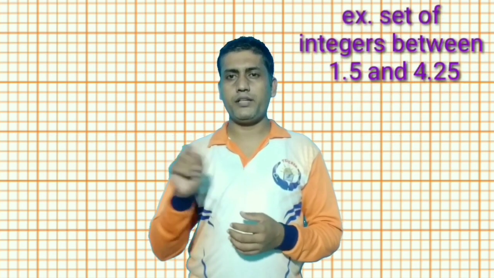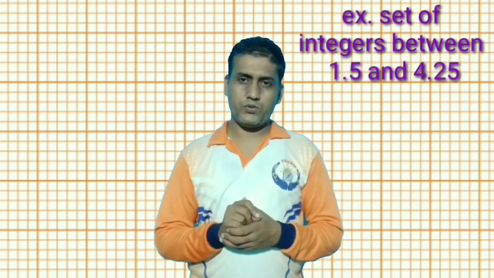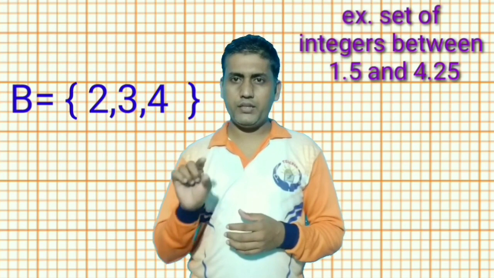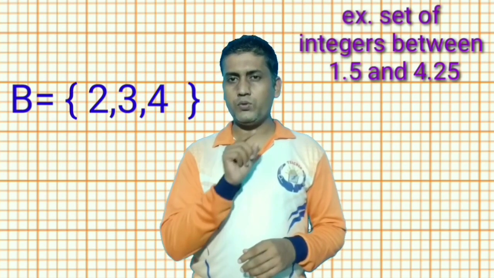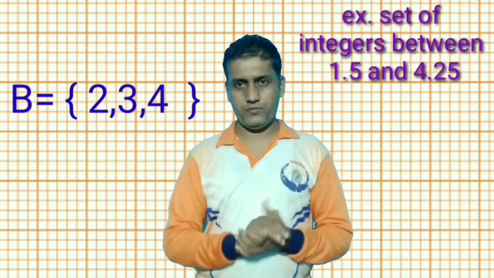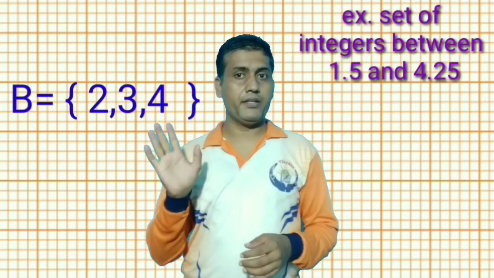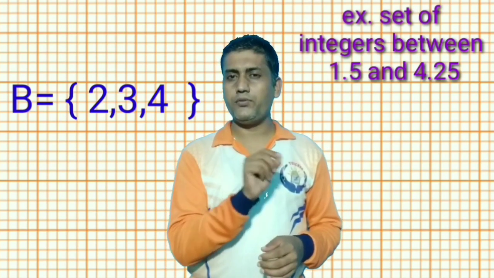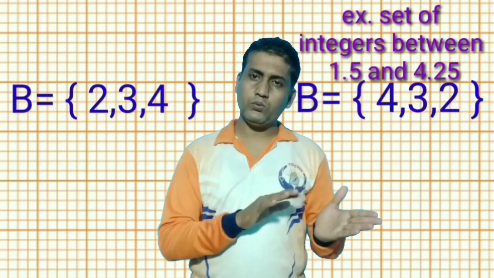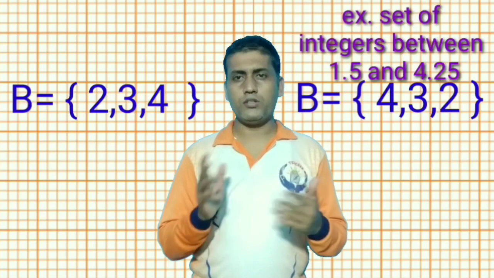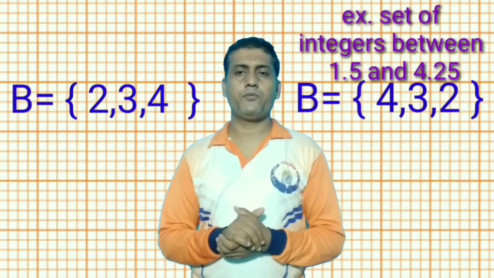Now we'll write down the integers. So we write B is equal to, after 1.5 there come 2, 3, 4. But it is not mandatory to write 2, 3, 4 in that order. You can write 4, 3, 2 or 2, 4, 3. Anyway, you can write it down. So the order is not important.